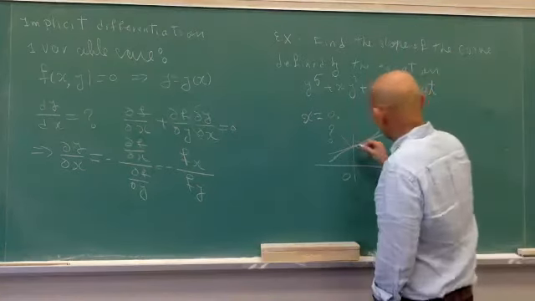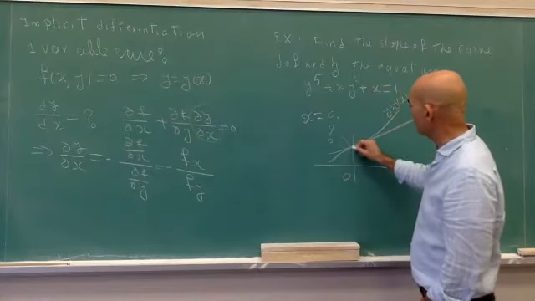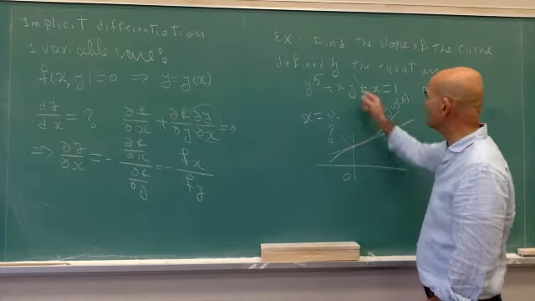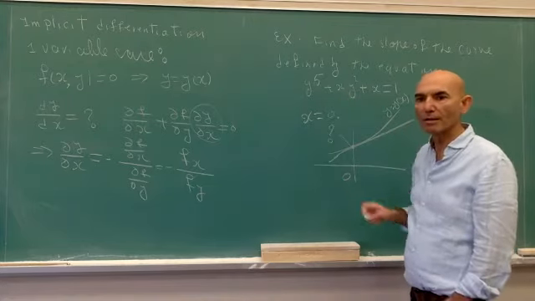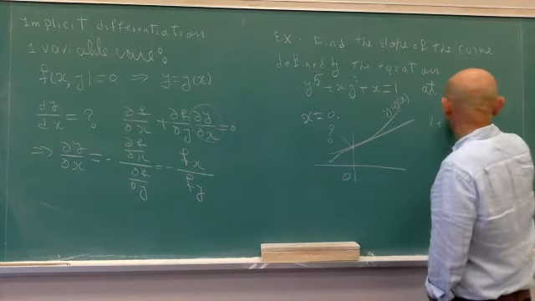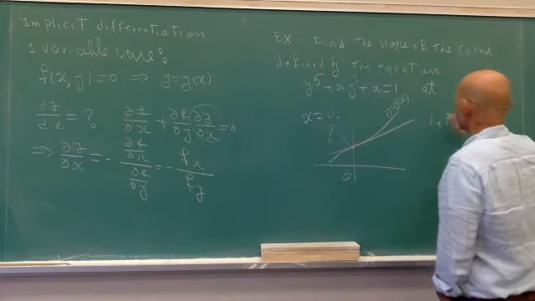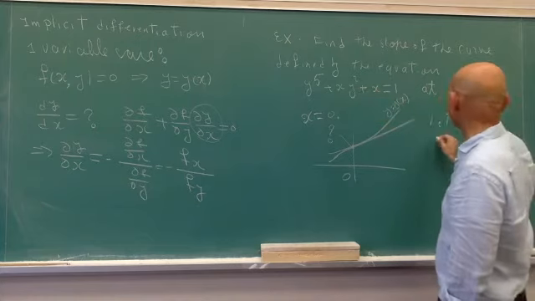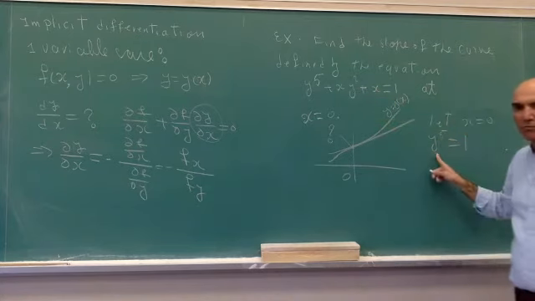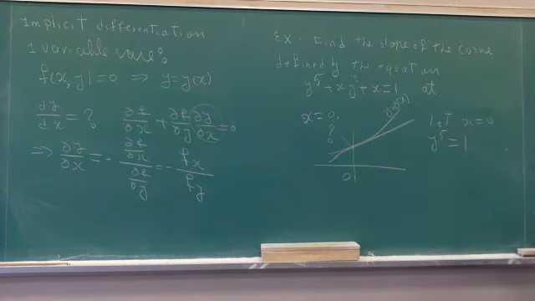Now one task is to find what this y point is. Let's put x equal to 0 and see what the value of y is. Let x equal to 0 in this equation, then you get y^5 equal to 1. What is the solution of y^5 equal to 1?